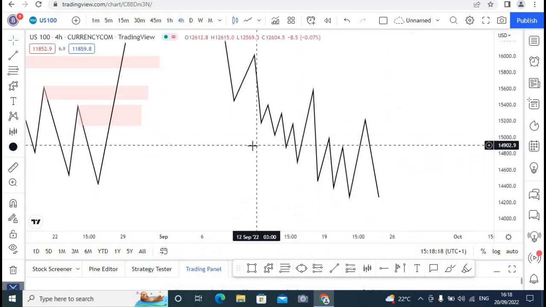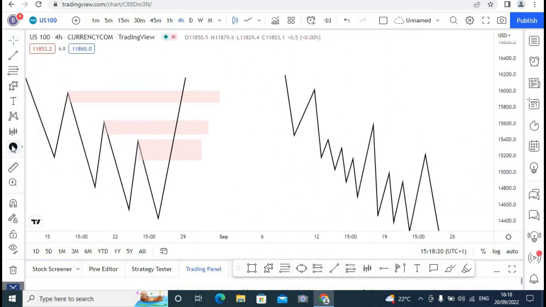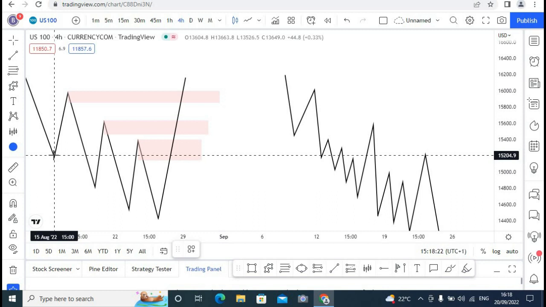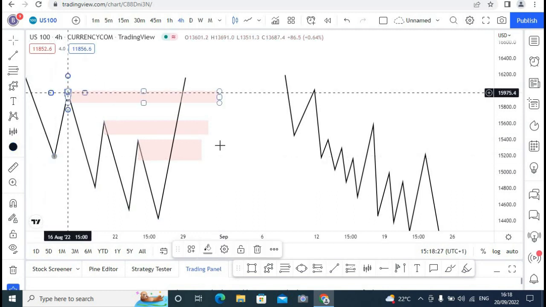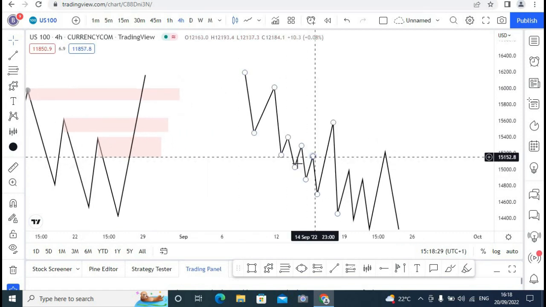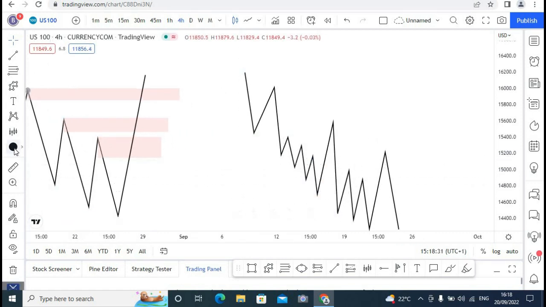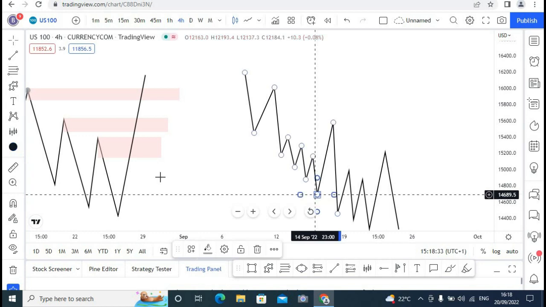So what you have to understand, to have a valid low, or what we can call a valid low and a valid high, we have to see price coming back from this low, taking out a high.